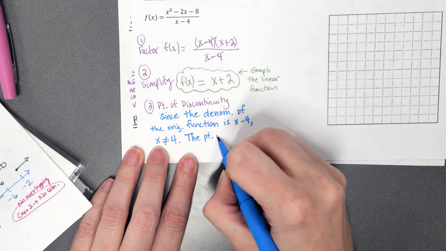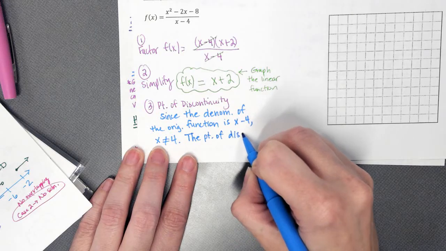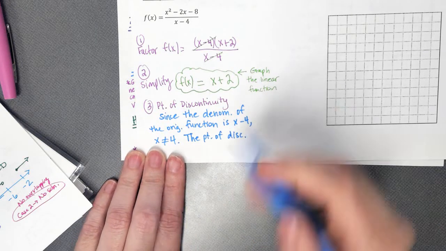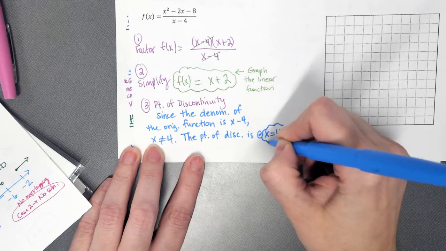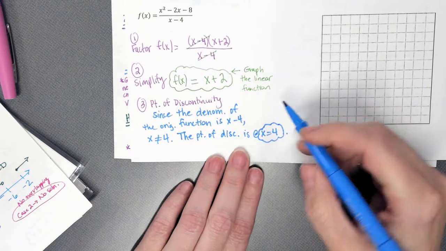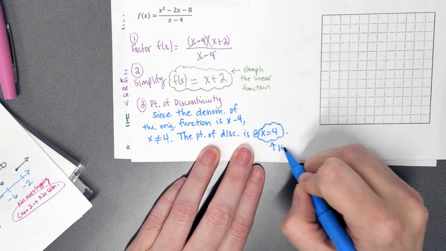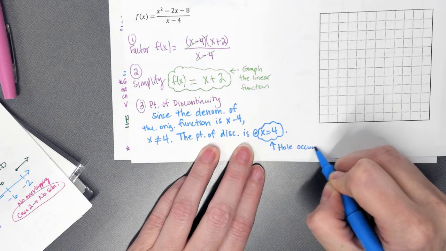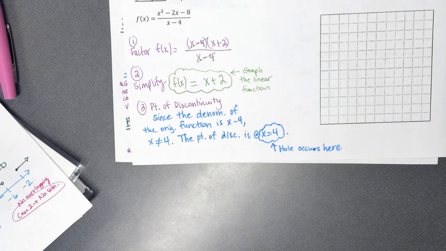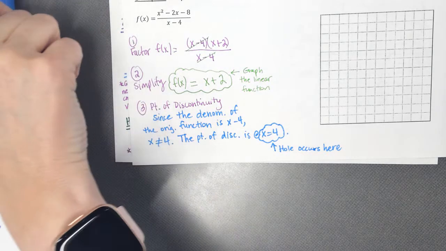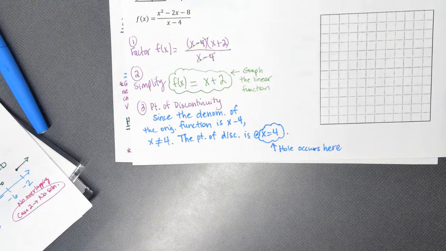So the point of discontinuity, so I'm just going to call it the point of disc, is at x equals 4. And this is where the hole is going to occur.